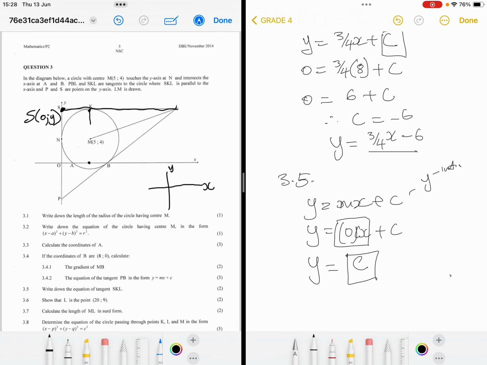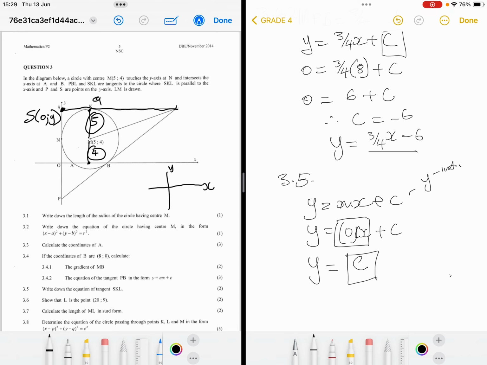We know a radius. A radius is 5 units. From this x-axis to the M, the distance is 4 units, because it's a vertical distance y. So it means we have 5 plus 4, which is 9.